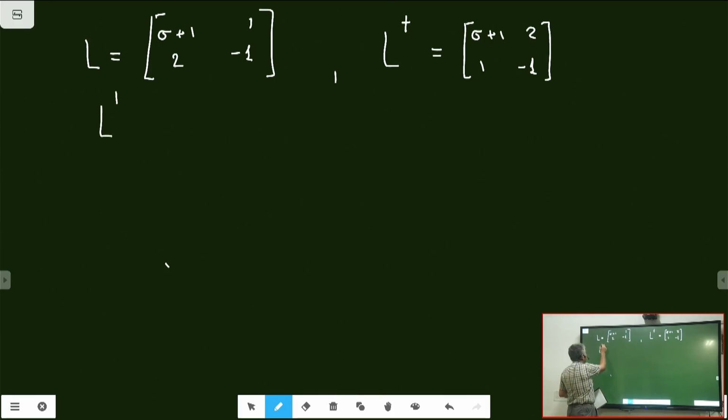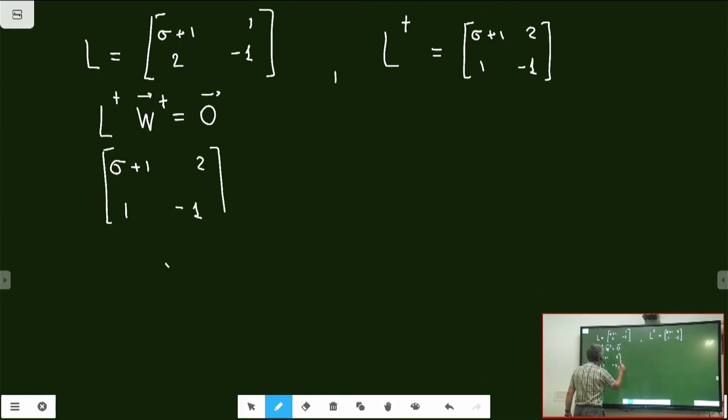The adjoint eigenvalue problem is going to be this. It's generic, meaning that [[sigma plus 1, 2], [1, -1]] times (x dagger, y dagger) is equal to (0, 0).